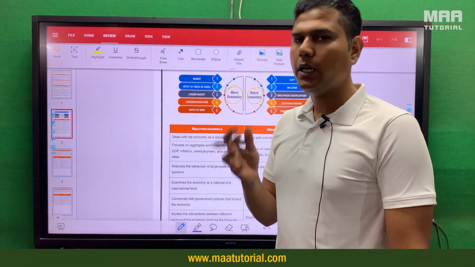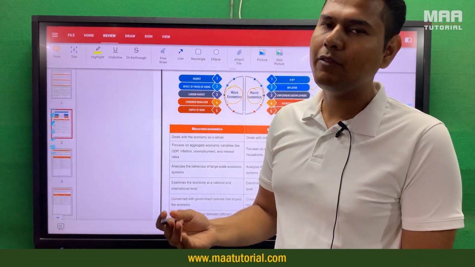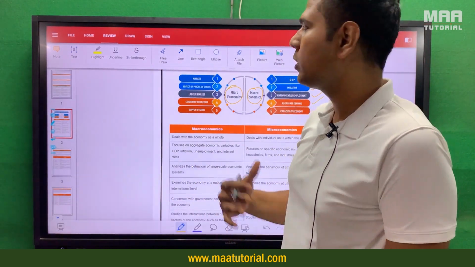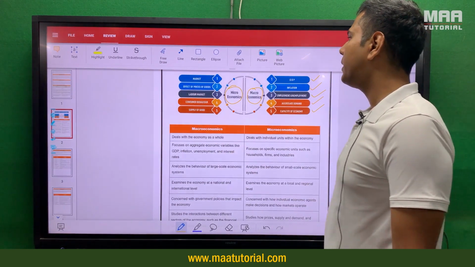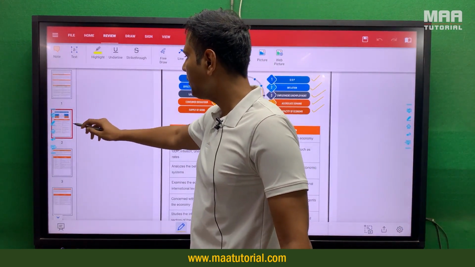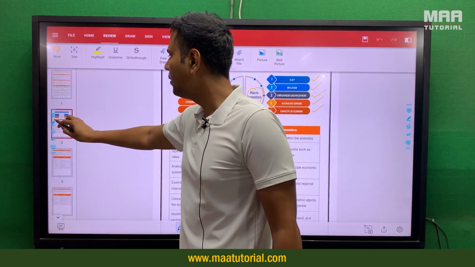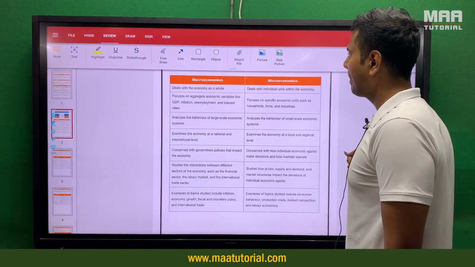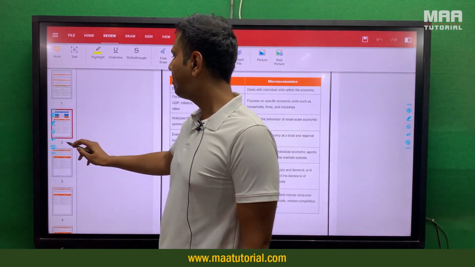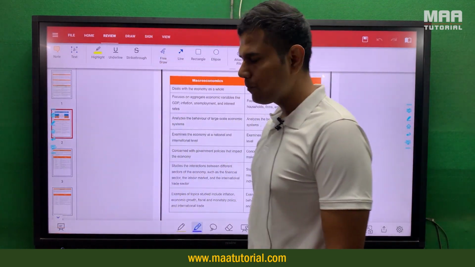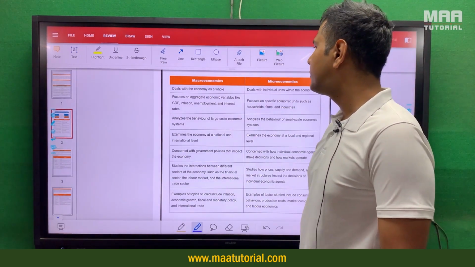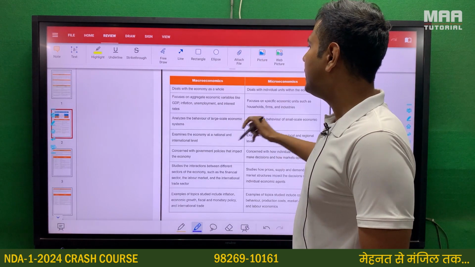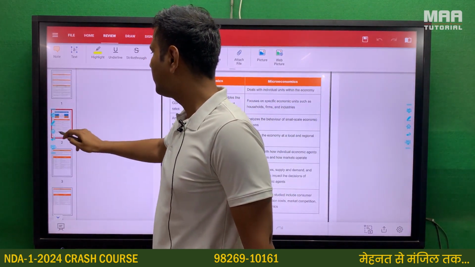See, again, in order to understand it better, we'll take the differences and we'll easily be able to understand what the differences are between macro and microeconomics. When we talk about macroeconomics, it deals with the economy as a whole, right? See, we have seen a few examples earlier.